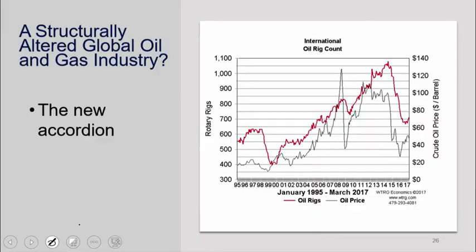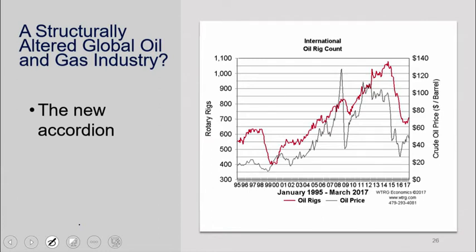So fundamentally the oil market has changed. What happens is that when oil prices go up, what you see in this chart is that oil rigs in the United States go up. And so when oil prices go up, supply comes on board, which brings oil prices down. When oil prices go down, oil rigs come down, and that stabilizes the market.